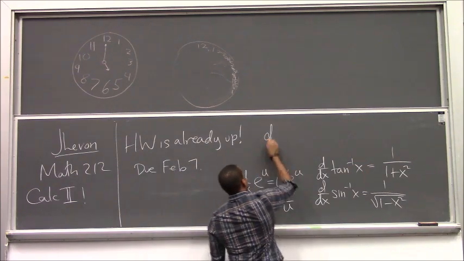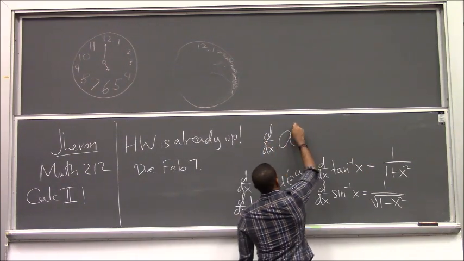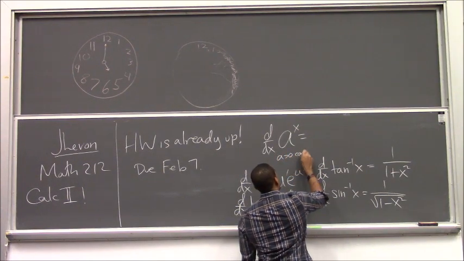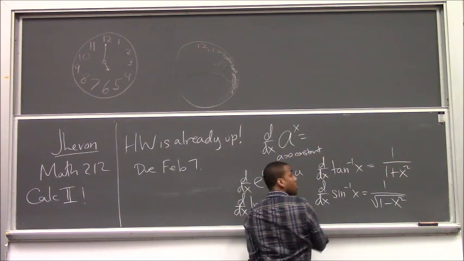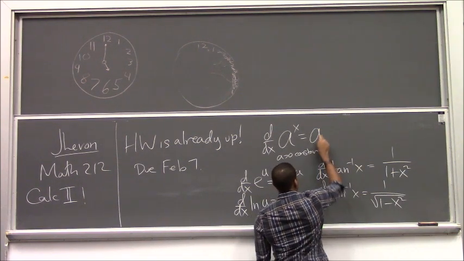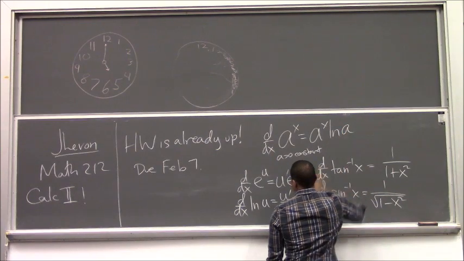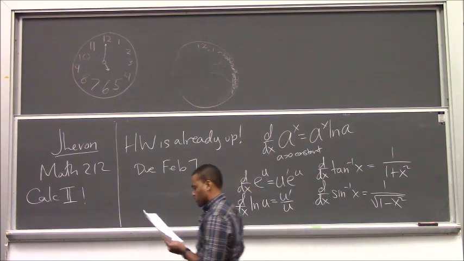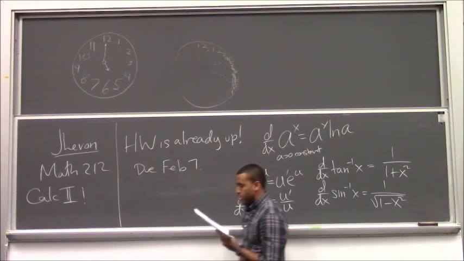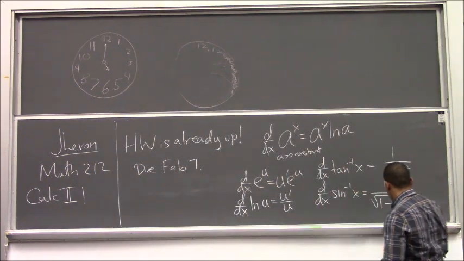What is d dx of a to the x, where a is a constant? Jhevon expects you to know that. Right, so there are a bunch of things that I'm going to expect you to know. You can find out what they are from there.